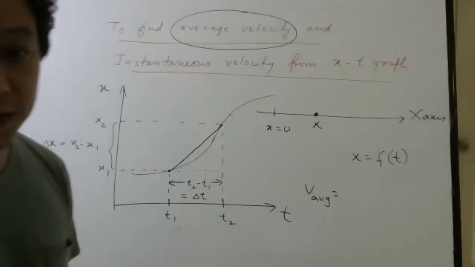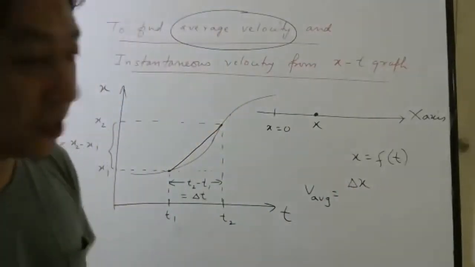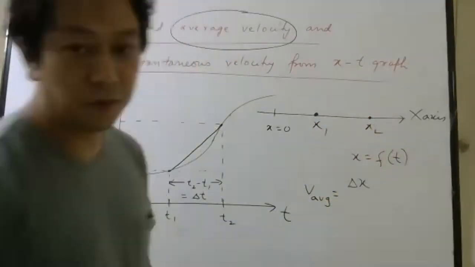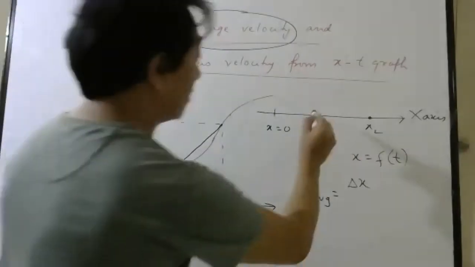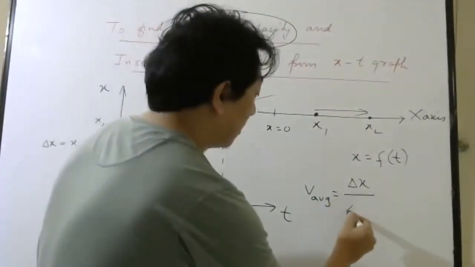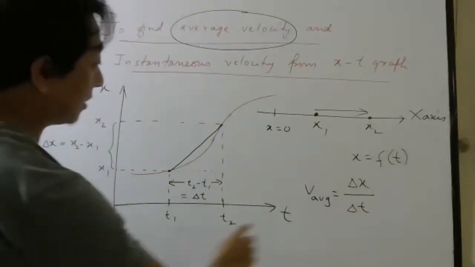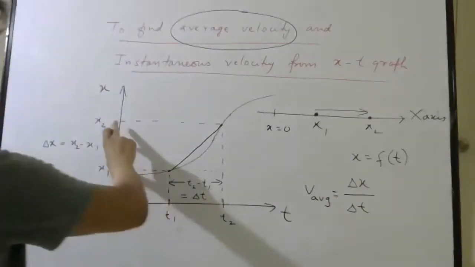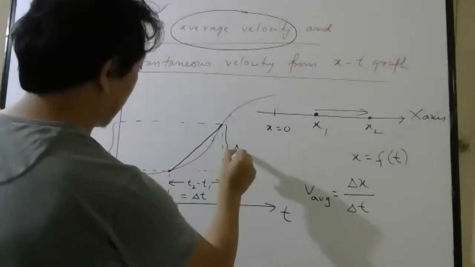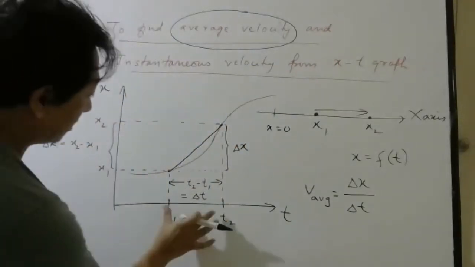So average velocity means, you all know, displacement is delta x. It went from x1 to x2, then this is your displacement, divided by the time interval. Now look carefully. In this graph, this is also delta x. This delta x is the same as this delta x, and this is your delta t.